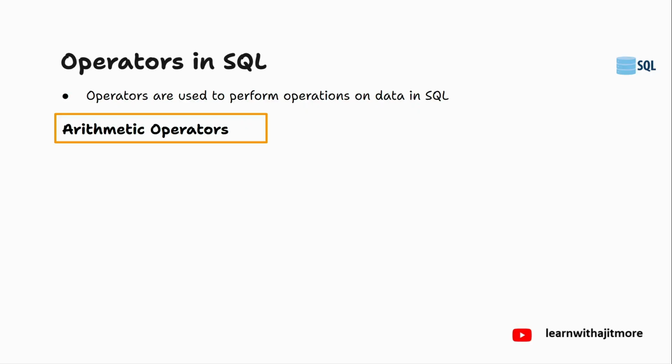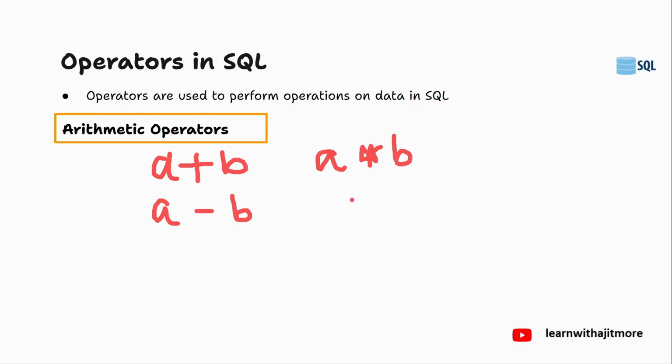I'll quickly tell you about arithmetic operators. First is plus, which does addition. Then minus, which does subtraction. Then multiplication, the star. Then division. Remember, division will always return a floating value, irrespective of both being integers.